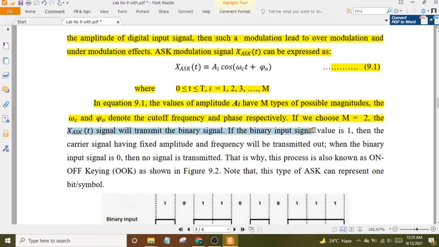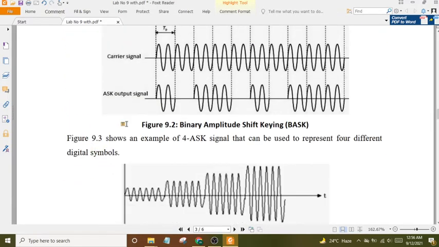If the binary input signal value is 1, then the carrier signal having fixed amplitude and frequency will be transmitted out. When the binary input signal is 0, no signal is transmitted. That is why this process is also known as on-off keying, as shown in Figure 9.2. Note that this type of BASK can represent only one bit per symbol. Figure 9.2: Binary amplitude shift keying, BASK.